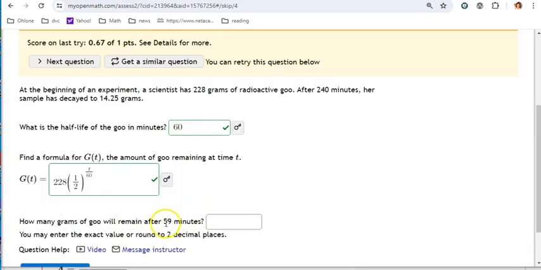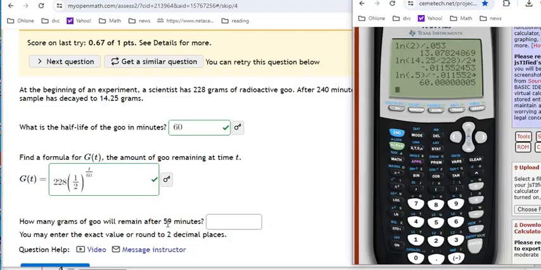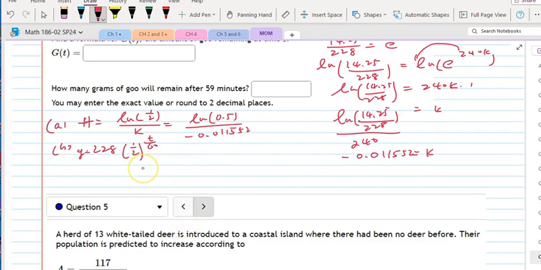How much goo would remain after 59 minutes? So just plug it in, right? So that means almost half.